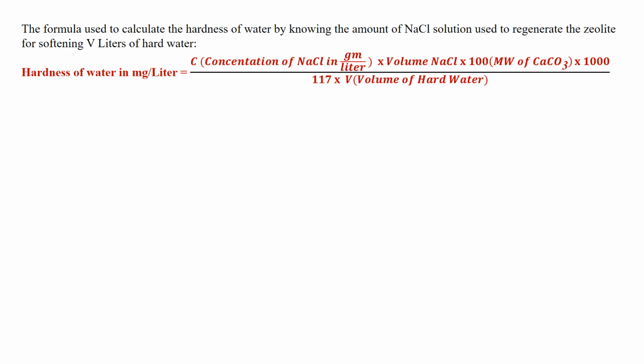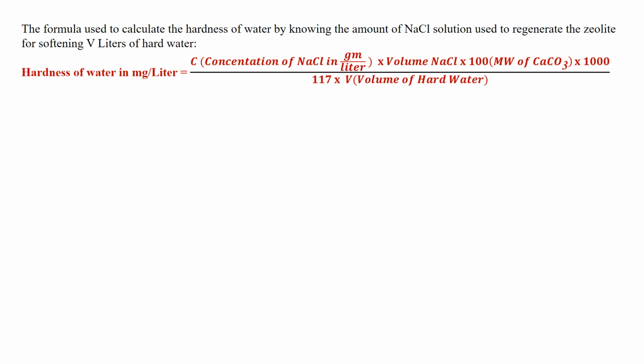In zeolite softening process, we come across with some numericals where the hardness of hard water is asked, or the volume of hard water is asked when the water is softened through the zeolite softener.